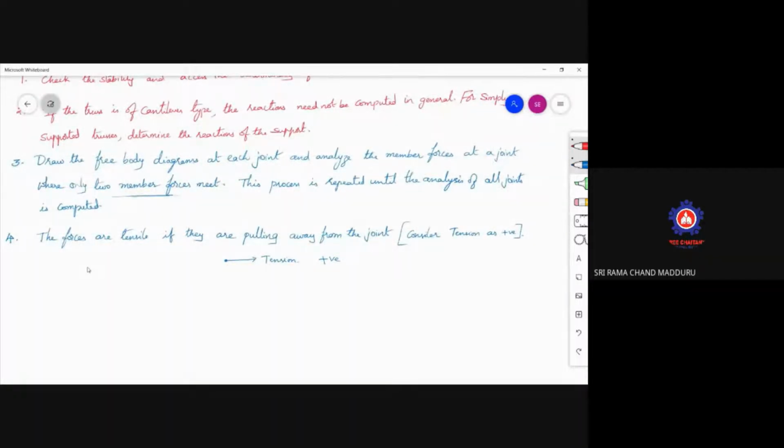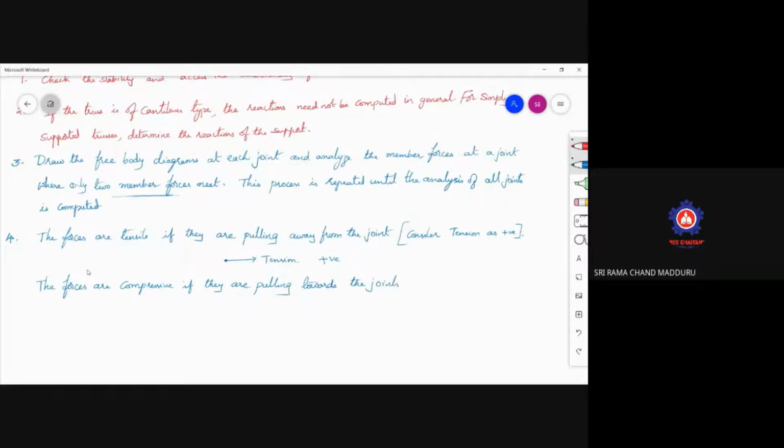The forces are compressive if they are pulling towards the joint.